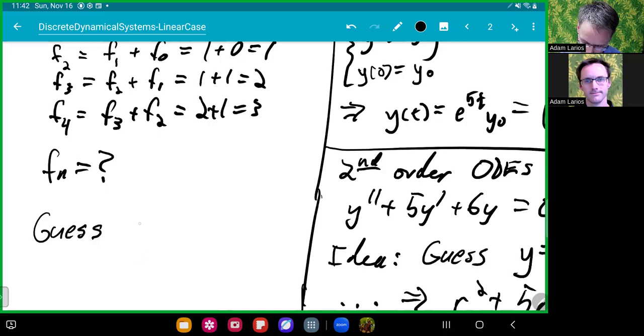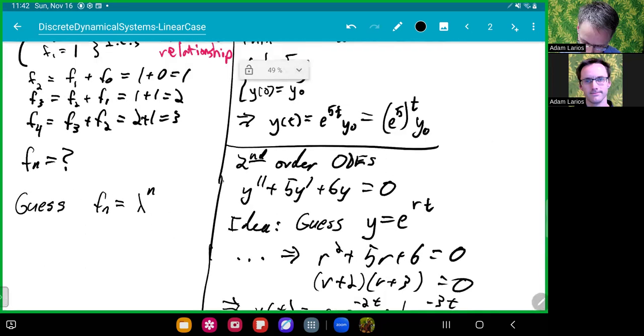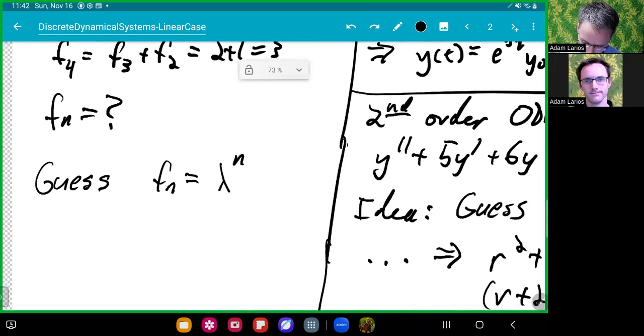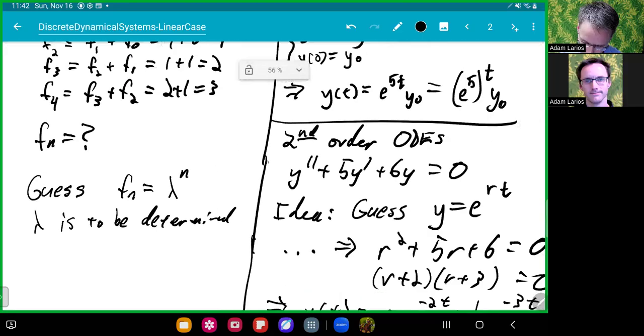So let's try to make a guess. And here our guess will be, Fn will be, it's normally written lambda to some power. Notice that that's just another exponential. It should remind you very strongly of this, just some number to a power, where lambda is to be determined. All right.